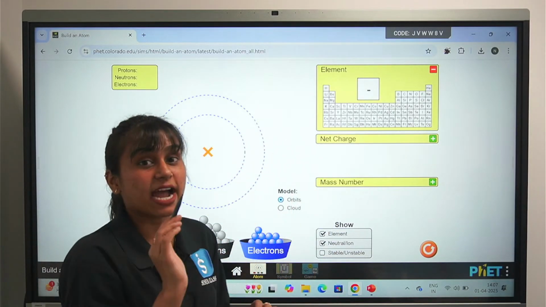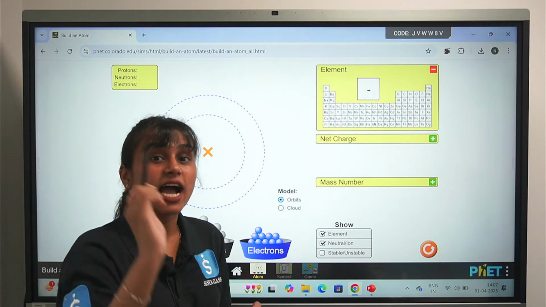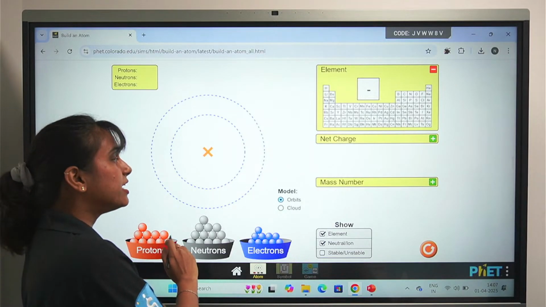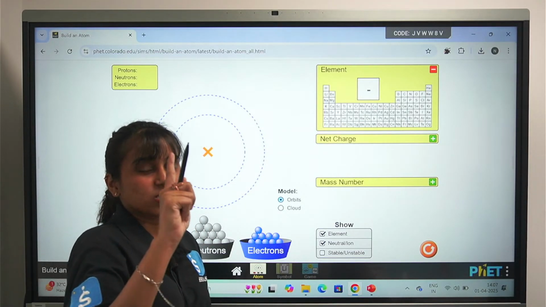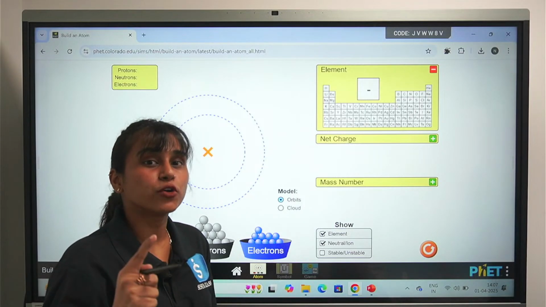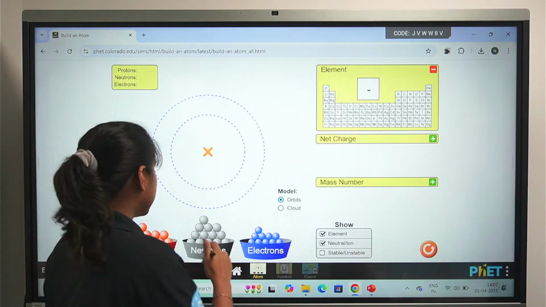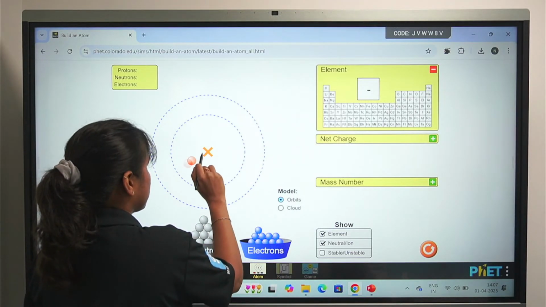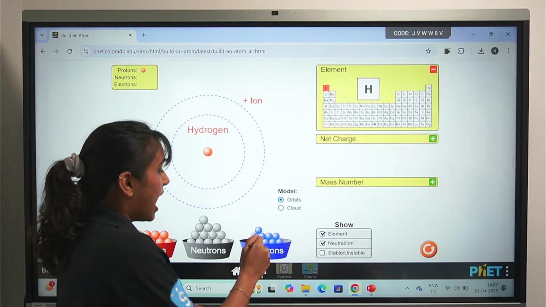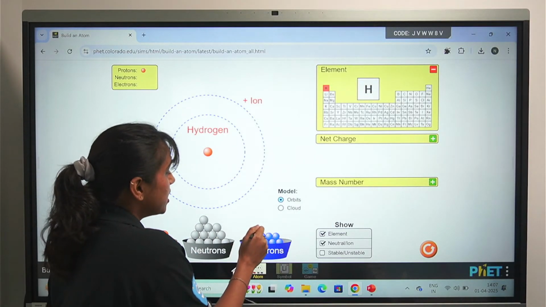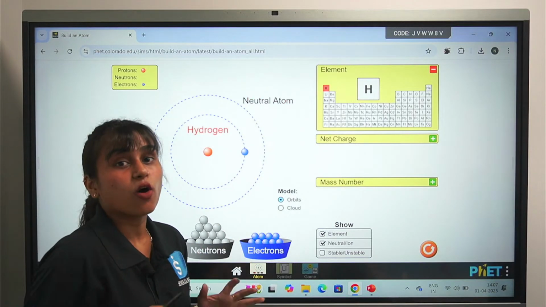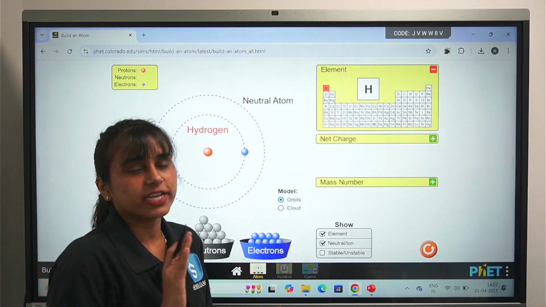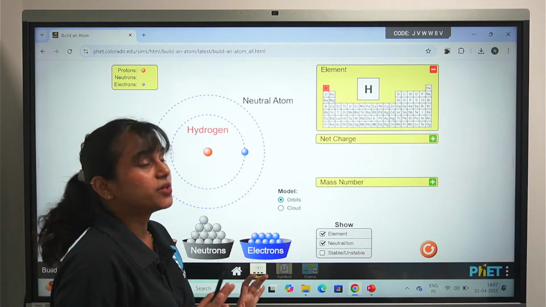Let's start with our first element, that is hydrogen. For hydrogen, the atomic number is 1. So that means the number of protons will be 1, isn't it? And the number of electrons will also be 1, because our atom is always neutral. We are always making a neutral atom.